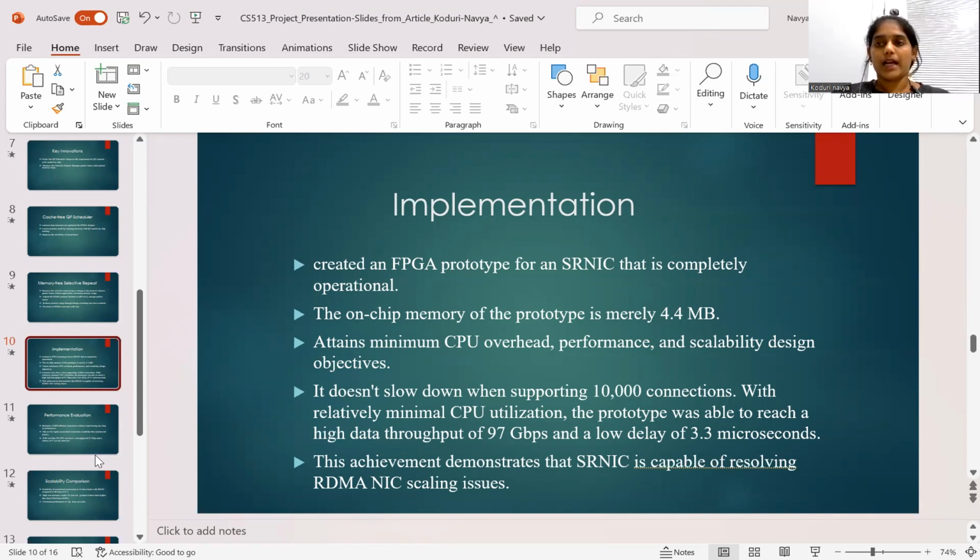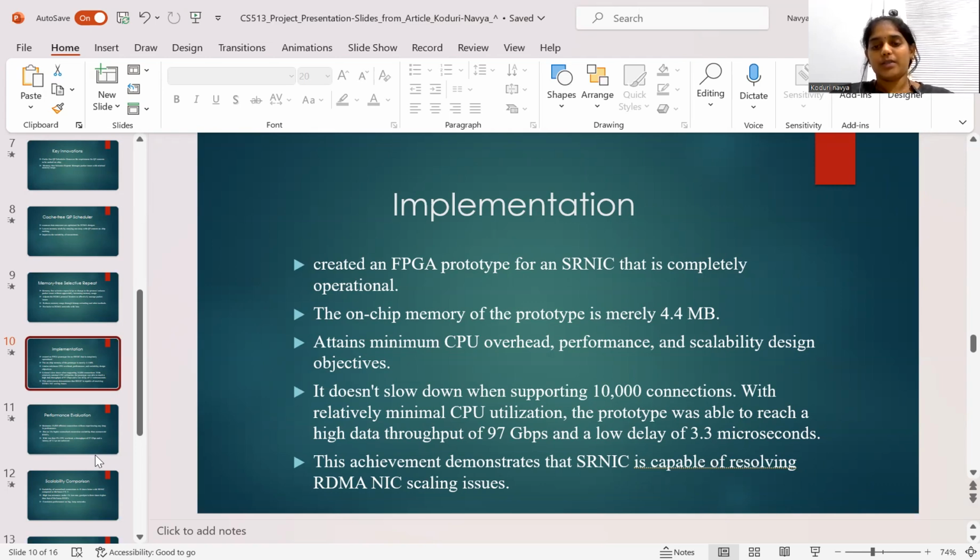Even when working with a large number of connections, its low delay is only 3.3 microseconds, and the high data throughput is 97 Gbps.